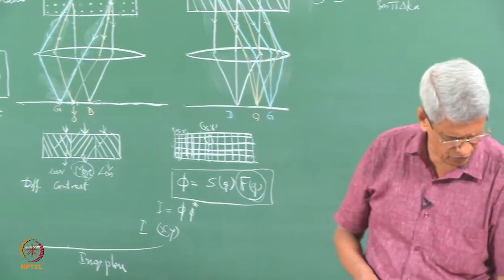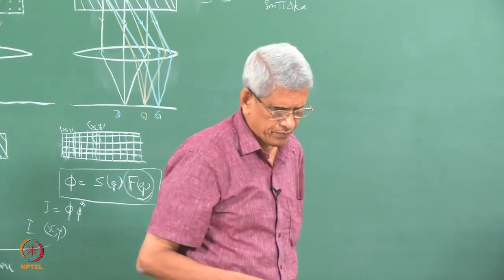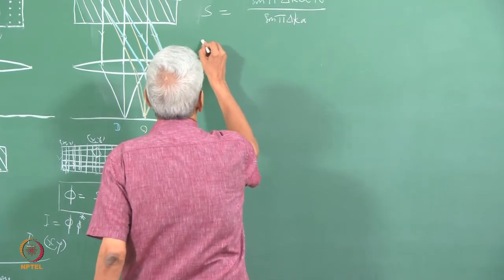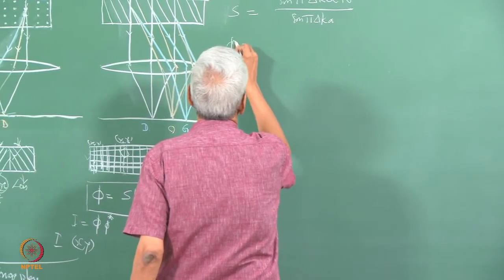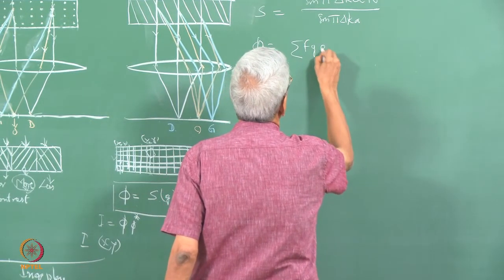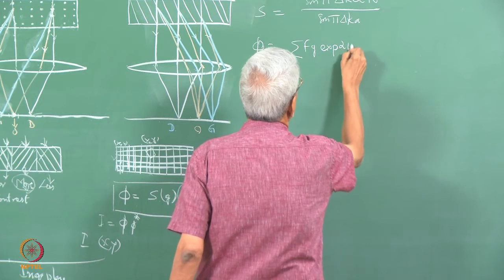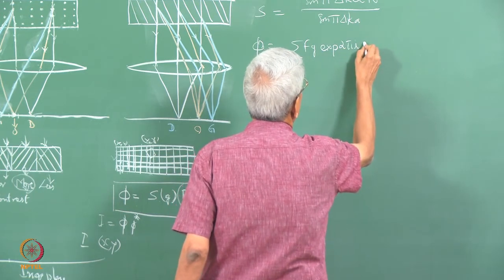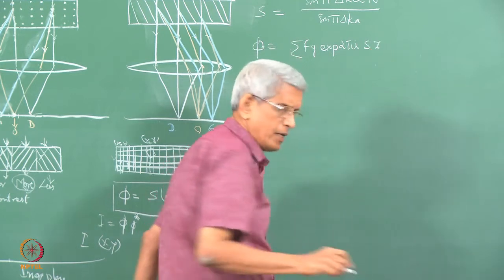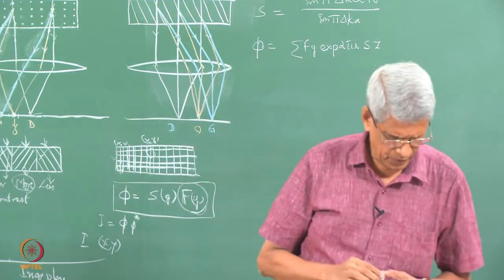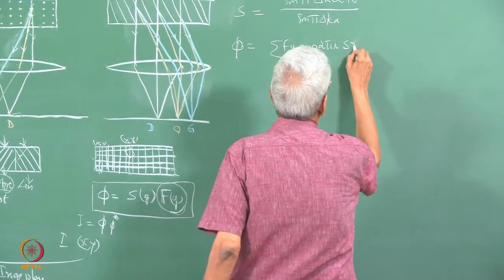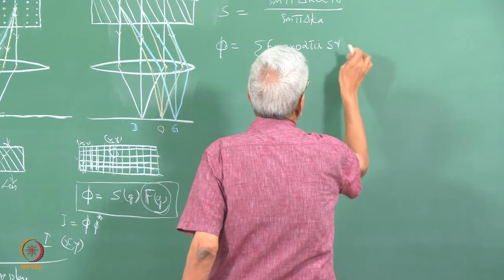So, if we consider that way, the amplitude can be written as sigma of Fg exponential 2 pi i (s into r), where z is along the beam direction, or s into this will be r.